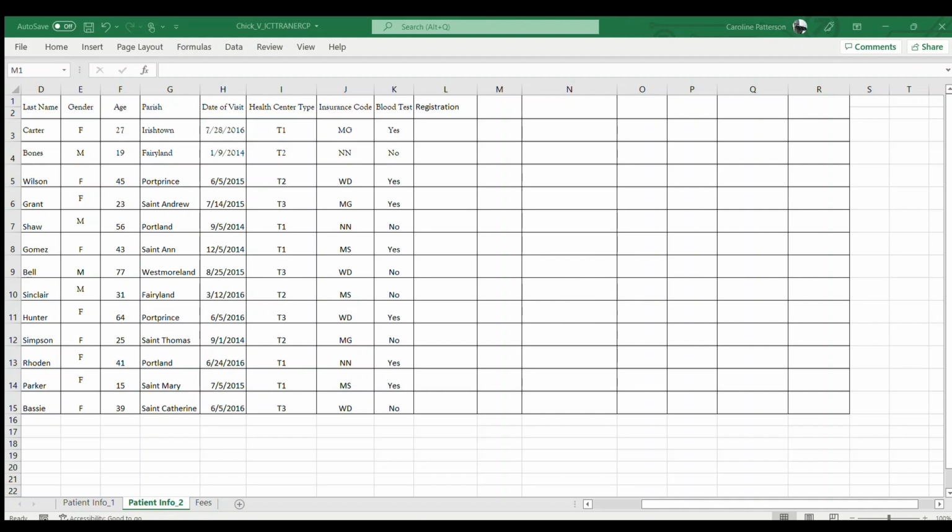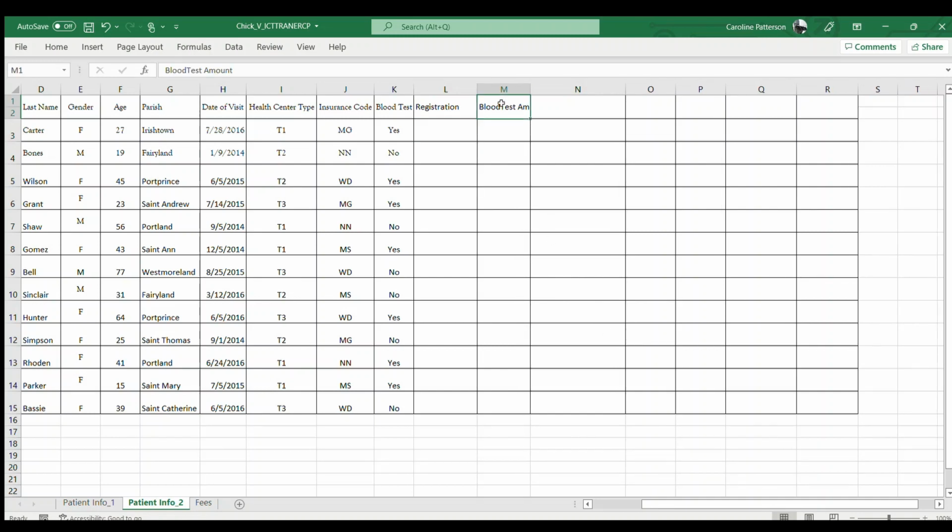So let's go back. So we're going to enter the blood test amount, the blood test handling fee, and since we're not seeing all of the word, we can actually widen the cell. All right. And we need a little space in between the word blood and blood test.